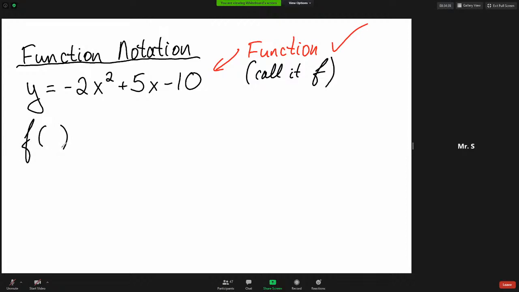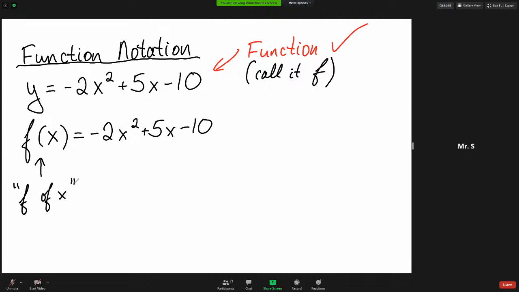We can say that this is a function where the input is x, and it is defined as -2x squared plus 5x minus 10. So this is pronounced f of x, and f tells us the name of the function, and x tells us that that's the input.